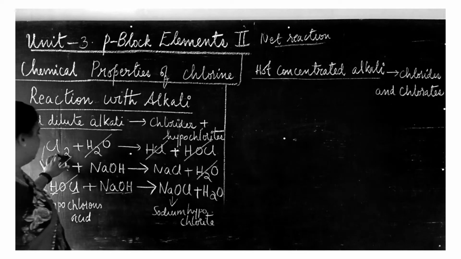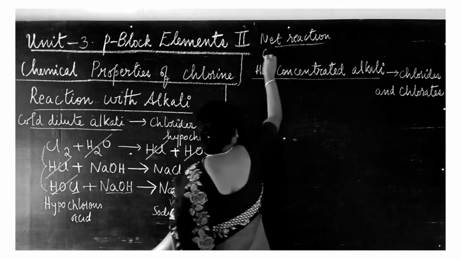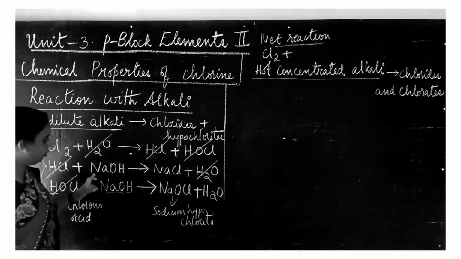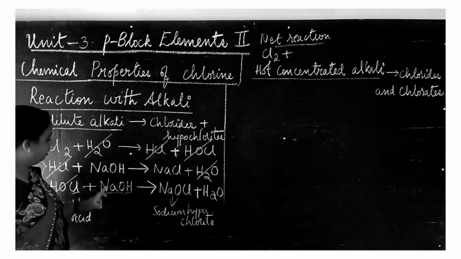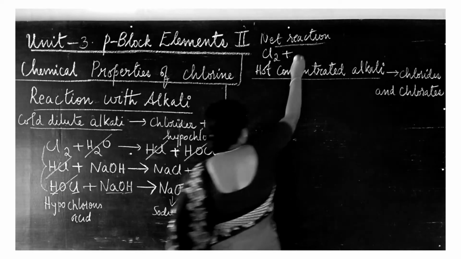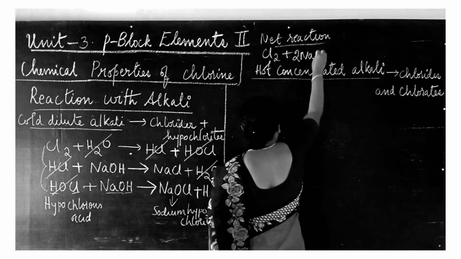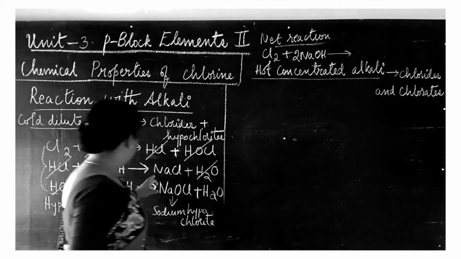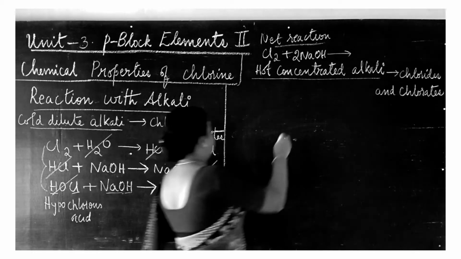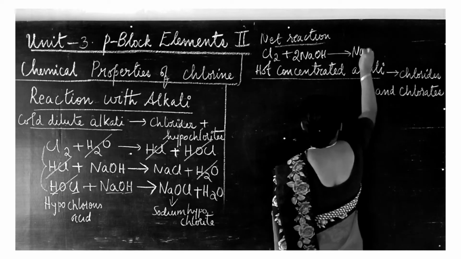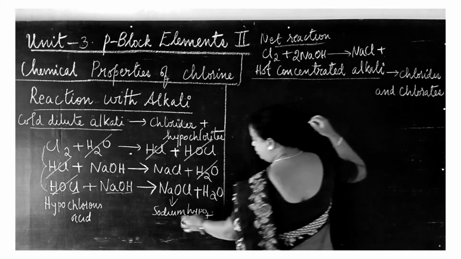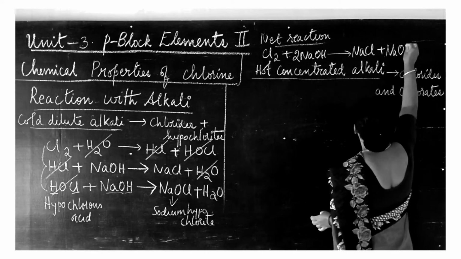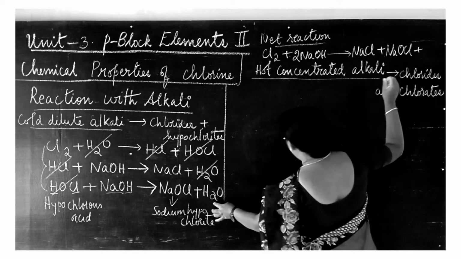So chlorine gas, Cl2, plus 2 NaOH, that means 1, 2, so 2 NaOH, gives NaCl, sodium chloride, plus sodium hypochlorite, NaOCl, plus a water molecule.